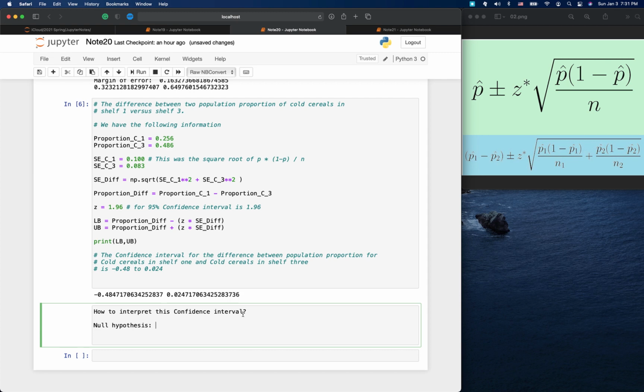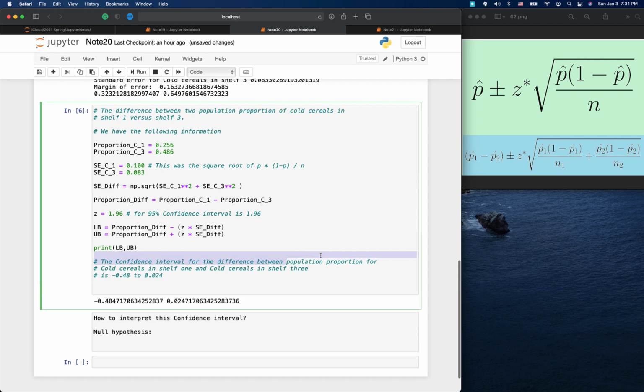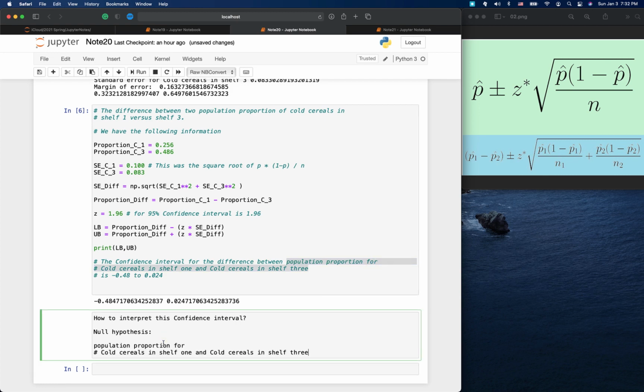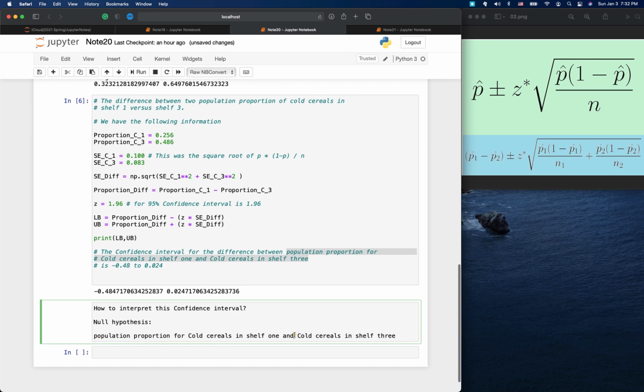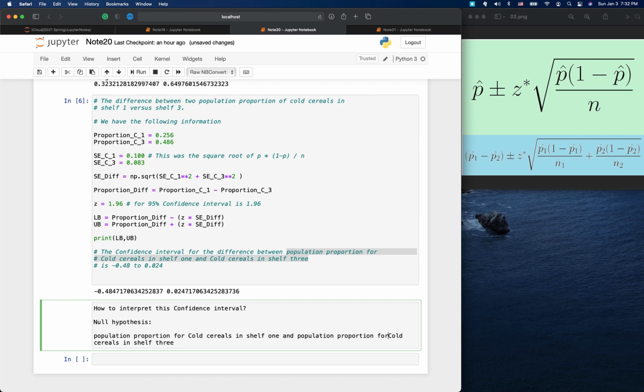The null hypothesis says the population proportion for cold cereal in shelf 1 and the population proportion for the cold cereals in shelf 3 are not different.